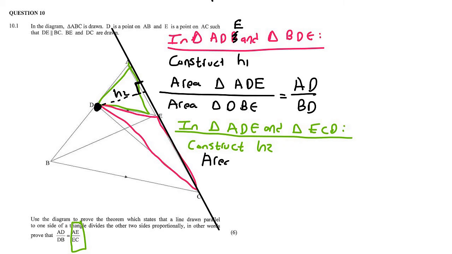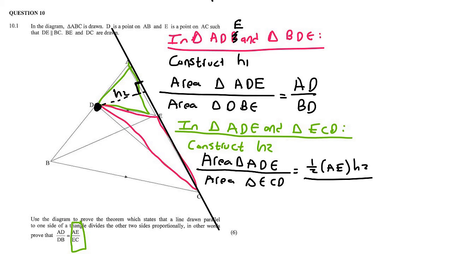So we're going to say area of ADE over area of triangle ECD, and that's going to be equal to a half. This will be AE times H2. I'm using half base times height, and then this triangle, the pink one, is going to be half EC as the base and H2 as the height. So those cancel and those cancel, and so we're left with AE over EC.